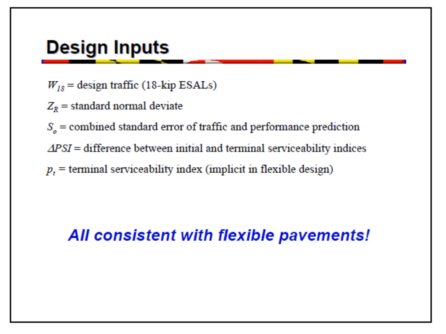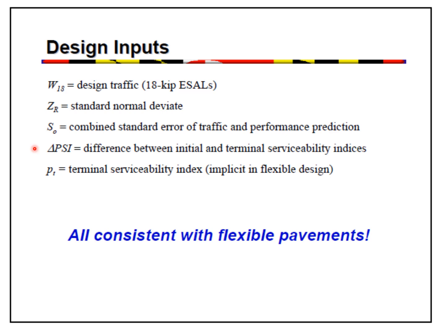On this particular slide, you can see again the design inputs that we have used. W sub 18, that is the design traffic, 18 equivalent single axle loads, or simply you can say accumulated equivalent single axle loads. Z sub R, the standard normal deviate. S sub naught, combined standard error of traffic and performance prediction.